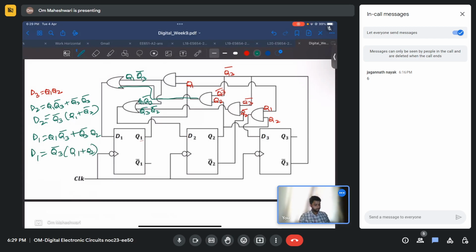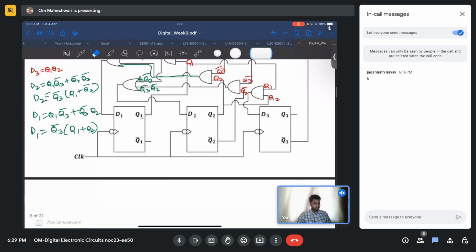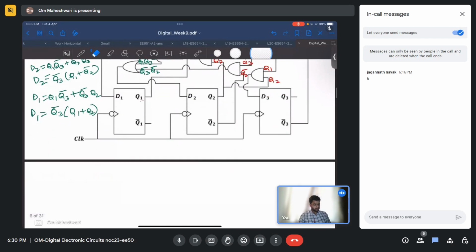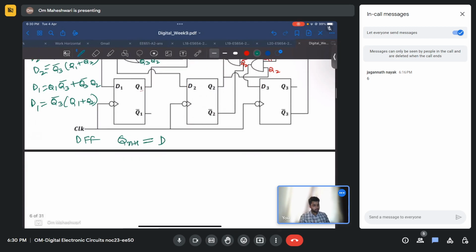That is D1. So now we know the inputs, and D flip-flop is very easy. In a D flip-flop, Qn plus 1 is always equal to D. The next state is simply passed on from the input. So let us solve this.